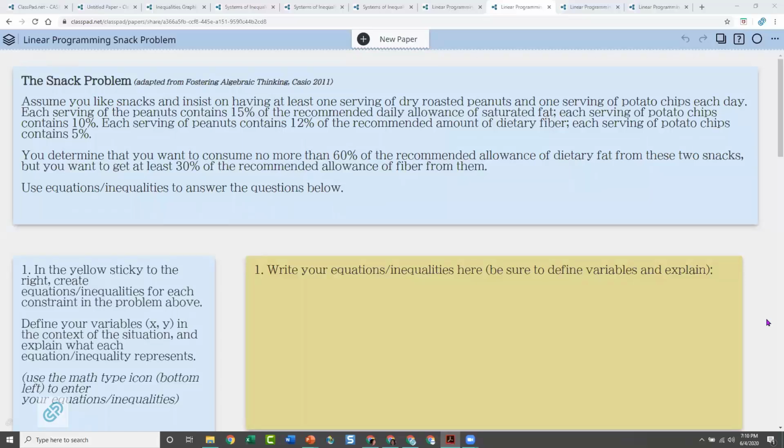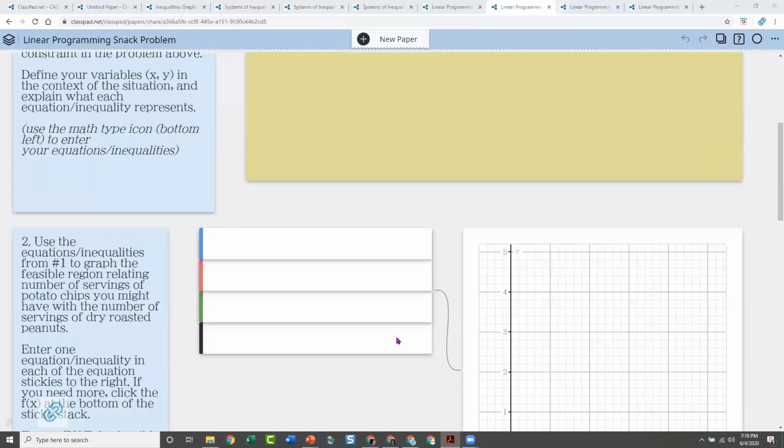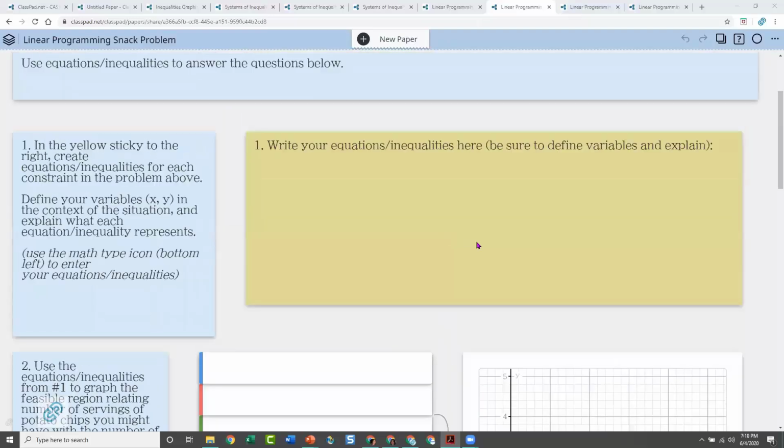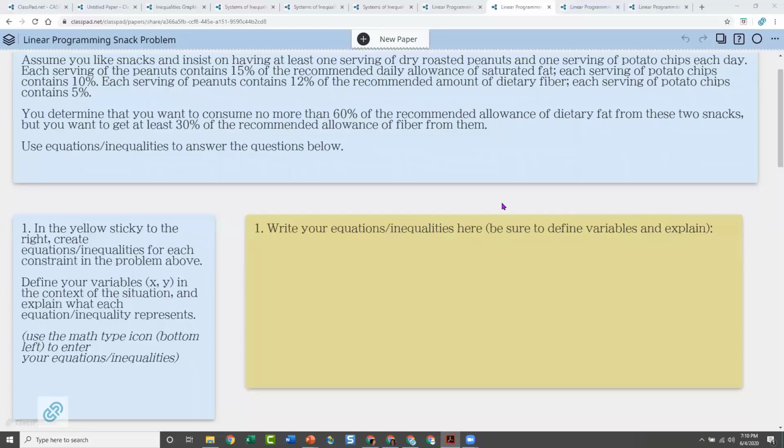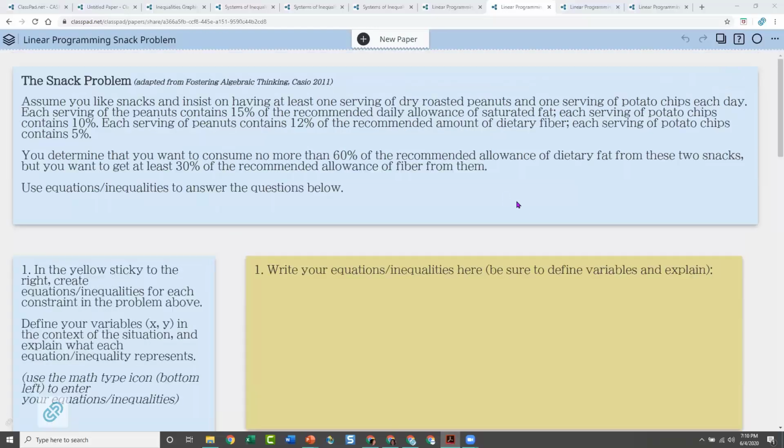They have to figure out what the constraints are first, and then how many peanuts and how many potato chips they can give the children to meet the requirements. What are my possible solutions?